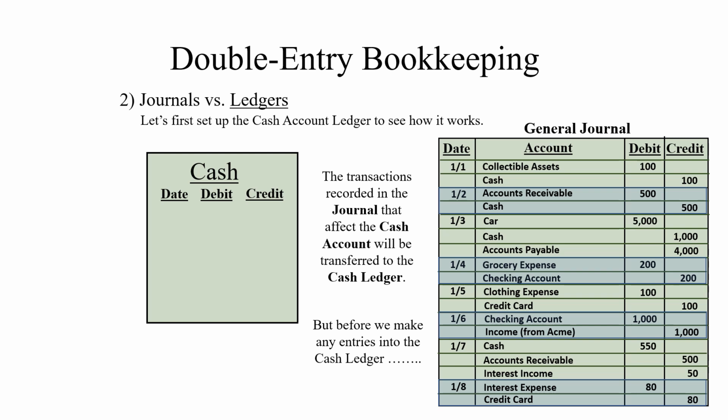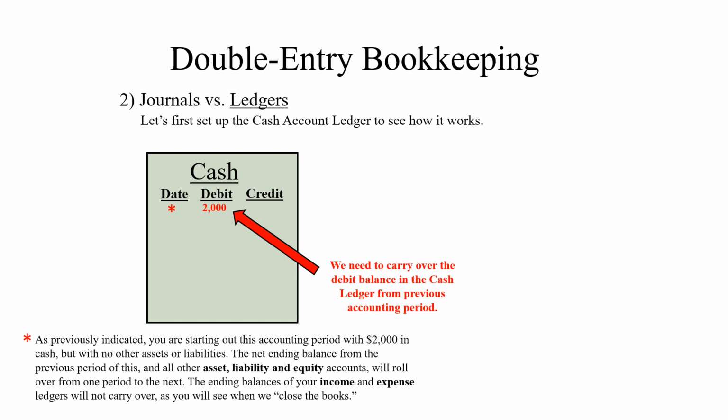But before we do any transferring of data into the cash ledger, we need to carry over the debit balance in the cash ledger from the previous accounting period. As previously indicated, you are starting out this accounting period with $2,000 in cash, but with no other assets or liabilities.